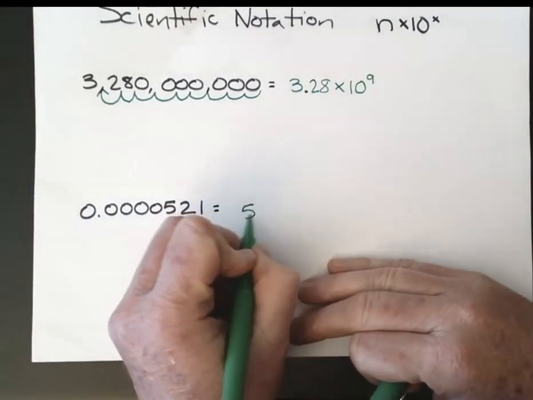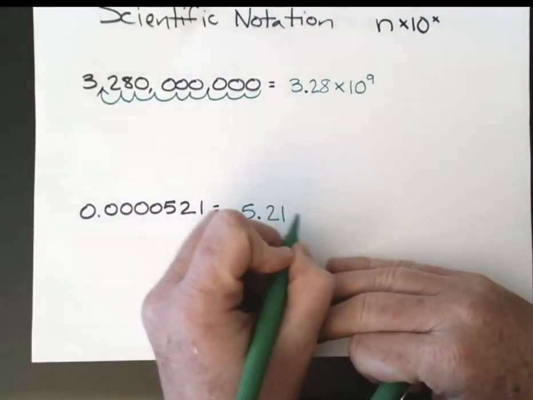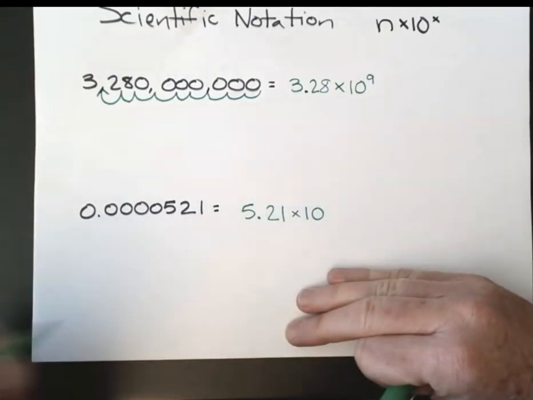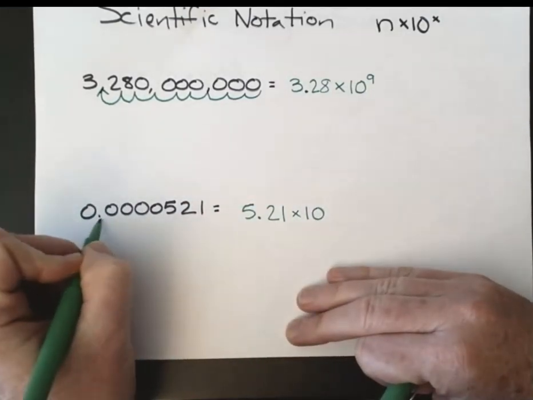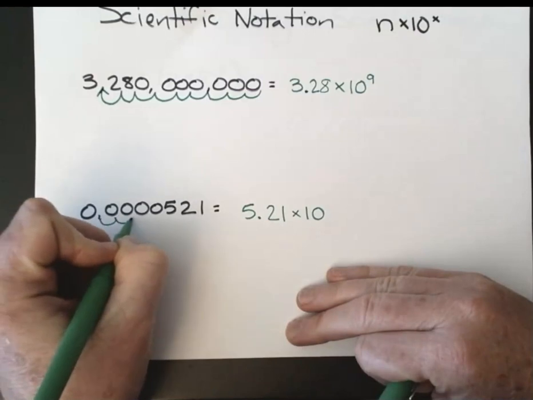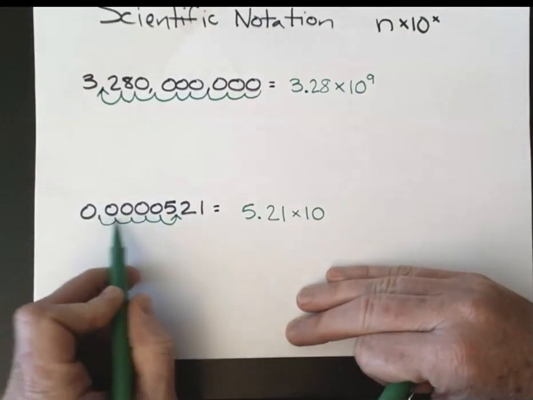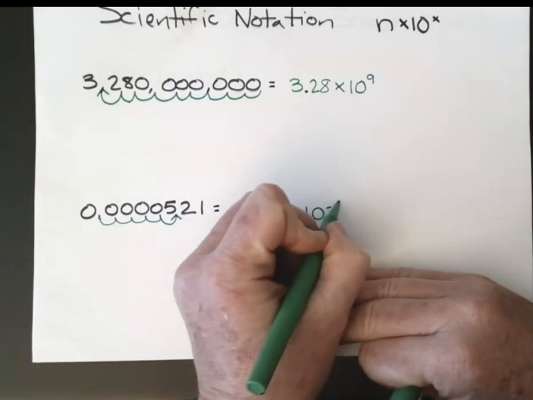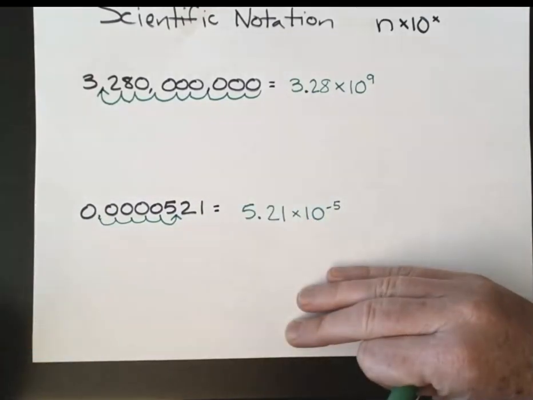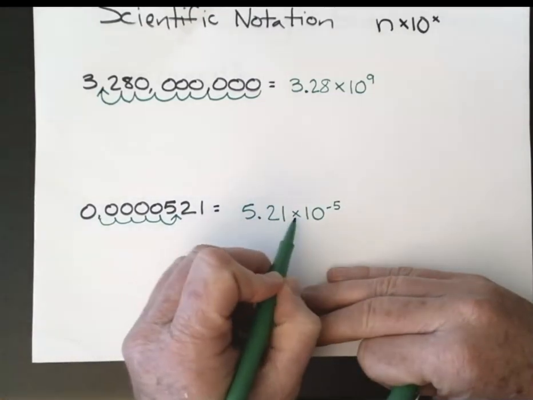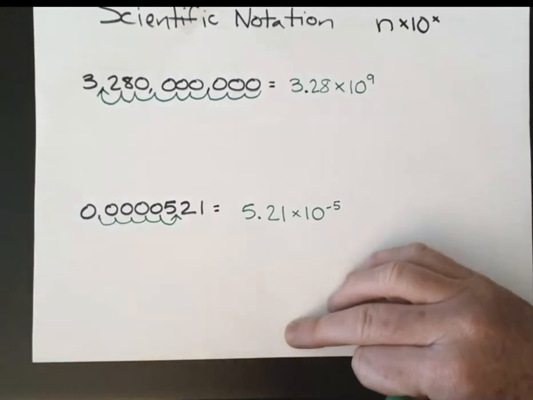So I want to write this as 5.21 times 10 to the something power. What is that power? We're going to move this decimal 1, 2, 3, 4, 5 places, but this is really small. A negative exponent is a really small number, right? So I have 5.21 times 10 to the negative 5th.